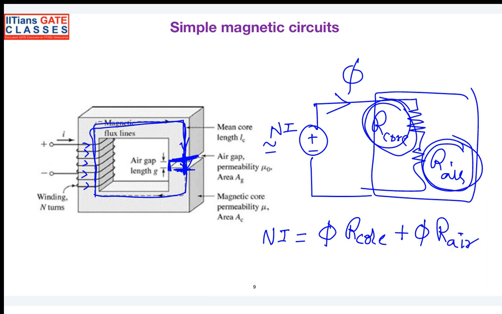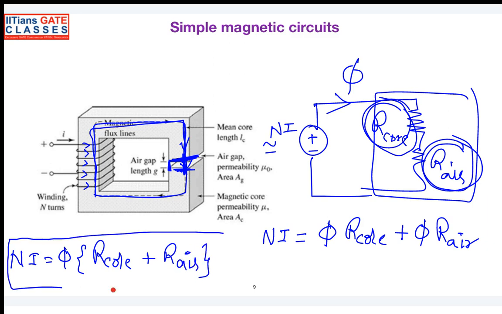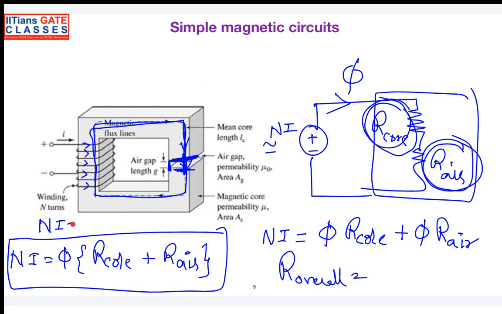So I can say the total Ni is equal to phi times the reluctance of the core plus the reluctance of the air gap. So what will be the overall reluctance? You can see here, this is of the form Ni equals phi times the overall reluctance. So the overall reluctance is nothing but the reluctance of the core plus the air gap.